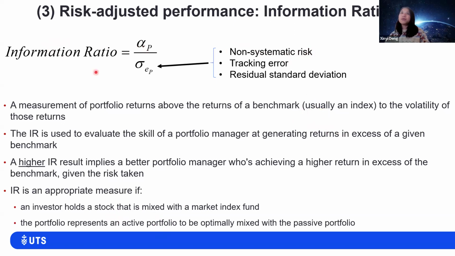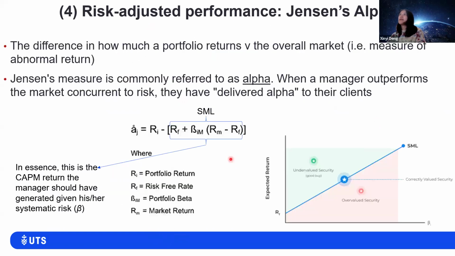That's the information ratio, a measure of abnormal return per unit of risk that in principle could be diversified away by holding a market index portfolio. And of course, the higher the information ratio, the better.